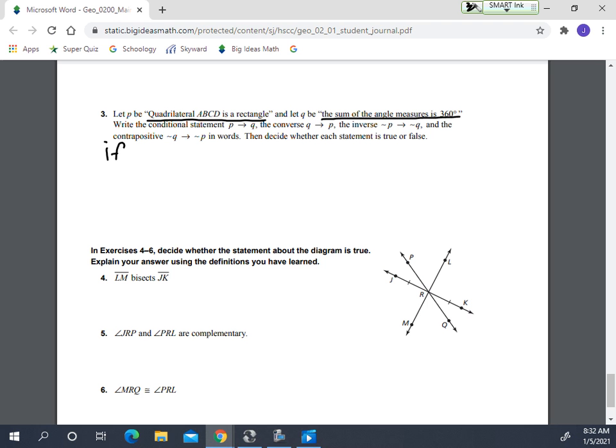If, here's our conditional statement. Okay, we're starting right here.